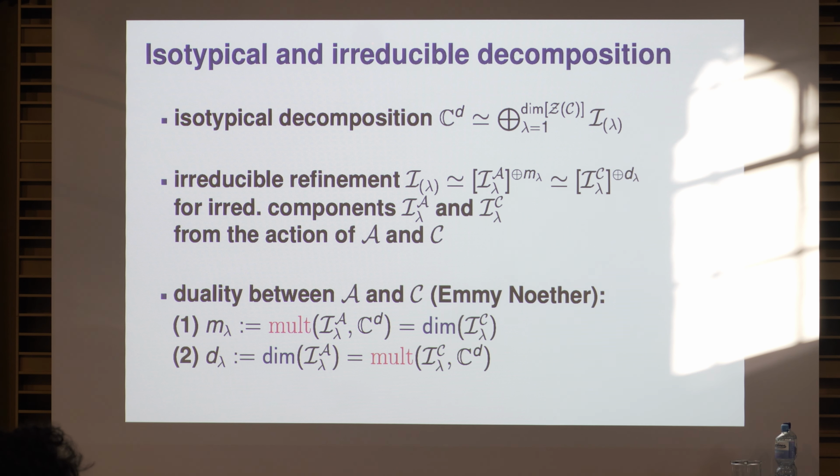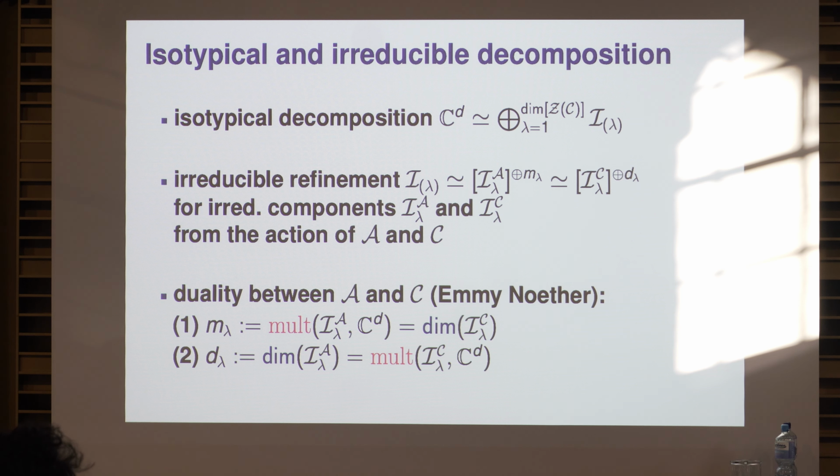And now we can shortly talk about isotypical and irreducible decompositions. Essentially, the isotypical ones collect the same irreducible type together, and then it's further refined. But the refinement actually depends on whether you're acting with A or C. The isotypical components don't matter.